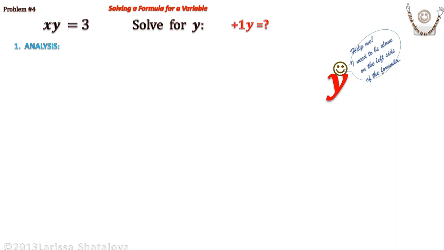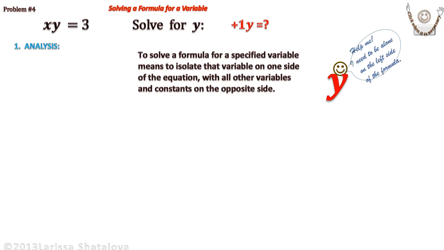Remember, to solve a formula for specific variable means to isolate that variable on the one side of the equation with all other variables and constants on the opposite side. So we can copy our equation or formula, and I color in red to see more clearly which variable is supposed to be on the left alone.